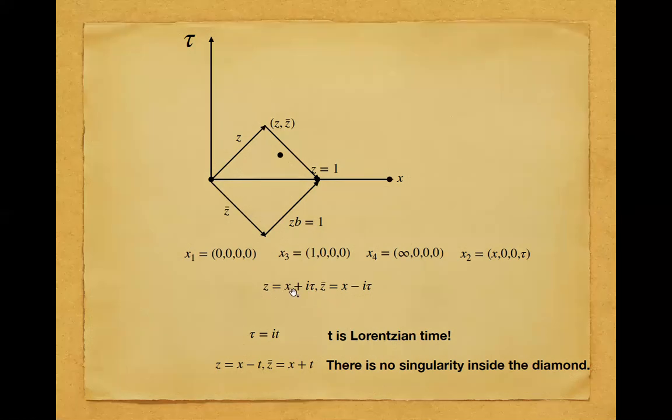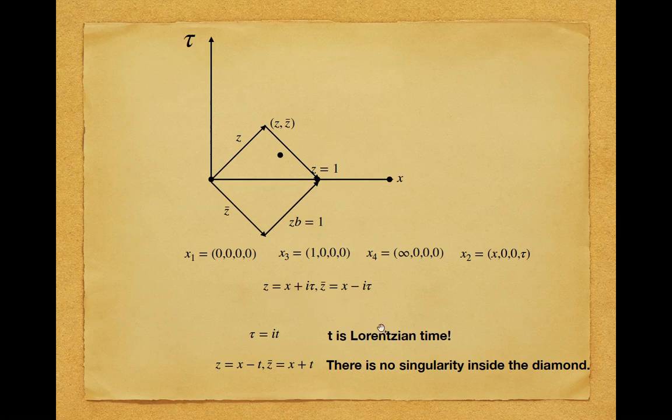So z would be given by x plus i tau, and z bar would be x minus i tau. In the previous slide, when you see z bar, it is related to your known coordinates using this relation. This is a complex coordinate because you are working in the Euclidean sense.